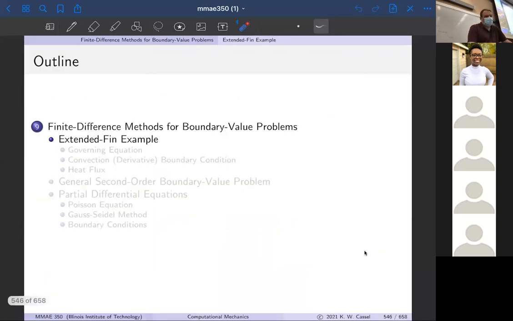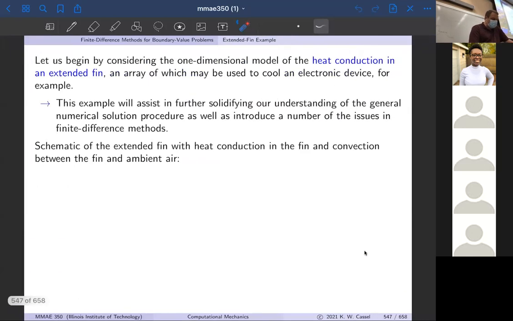All right, so we're going to talk about a specific application and get the ordinary differential equation that governs it, because it's always much more interesting to talk about and consider actual physical applications than it is just to write mathematical equations and manipulate them. So we're going to look at the extended fin problem. I'll draw this in a second.